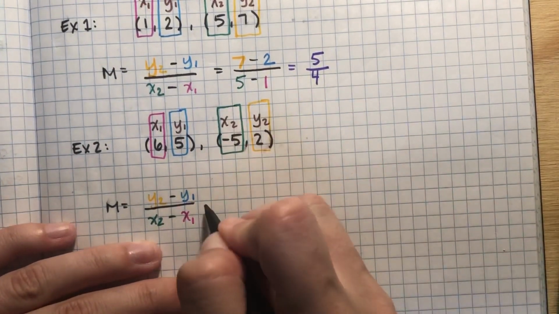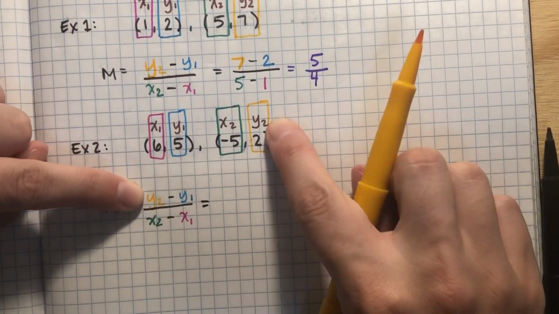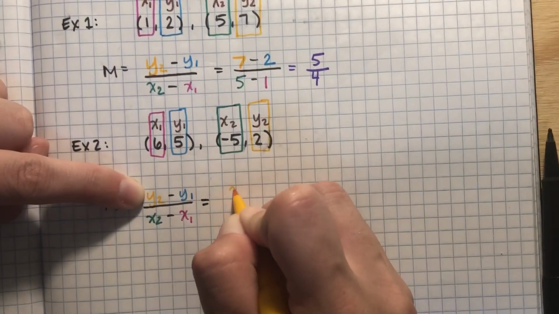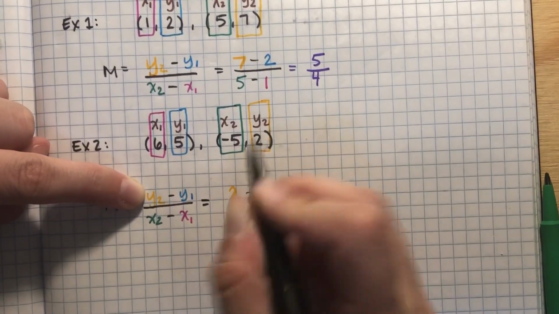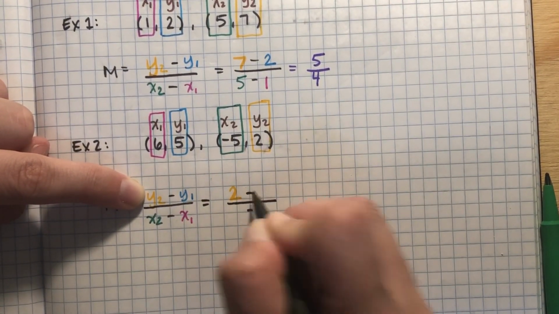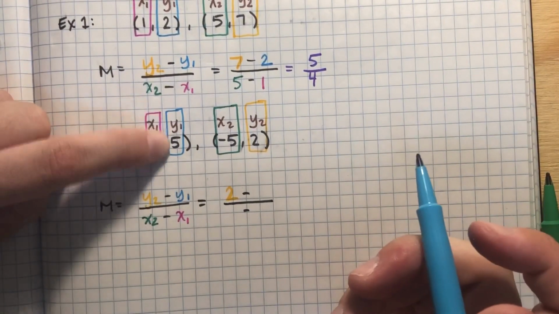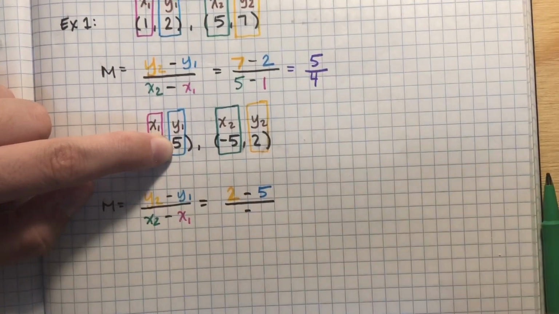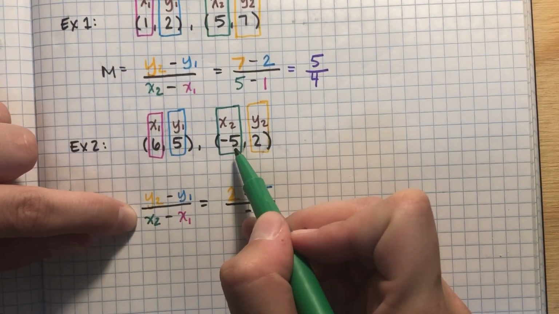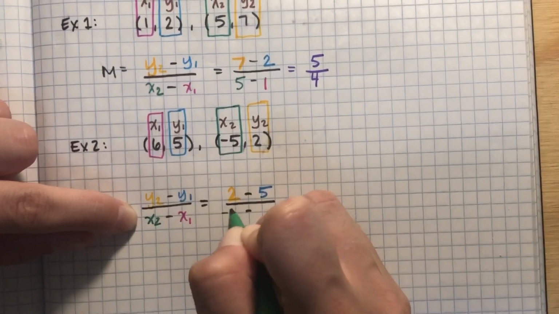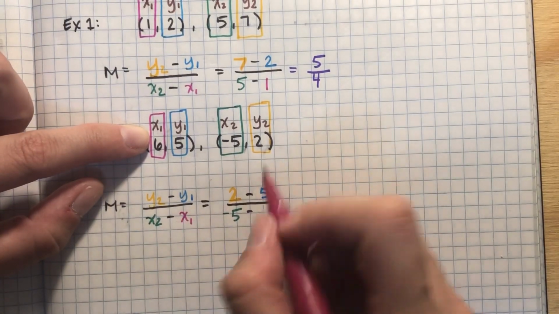Okay, if I start substituting now, my y sub 2 is equal to 2. So I'm going to put 2 in there. My y sub 1 is equal to 5. So I'm going to put 5 in here. My x sub 2 is equal to negative 5, so negative 5. And then my x sub 1 is equal to 6.